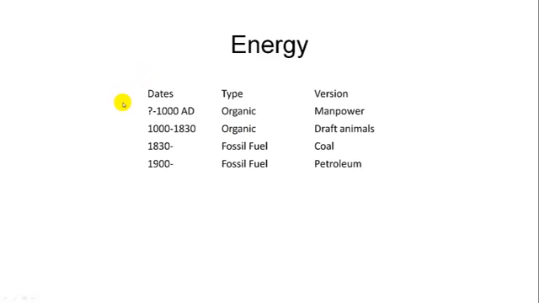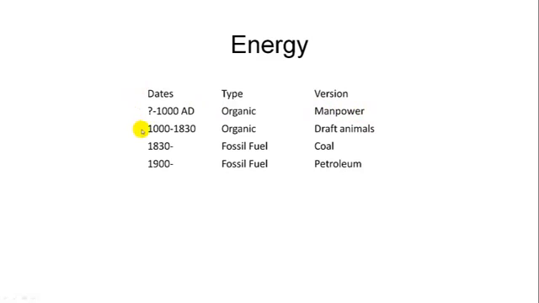Before 1000 AD, the main source of energy in an economy, or that does work in an economy, was organic, and it was done with manpower, with serfs, with slaves, with people working the land. Sometimes you could have some wind power or something like that, where people manipulate wind and maybe even rain. But before that, the main source of energy was manpower.